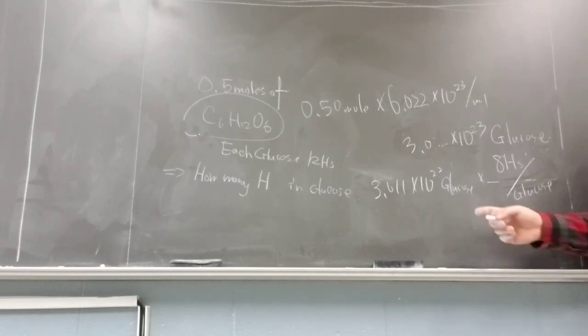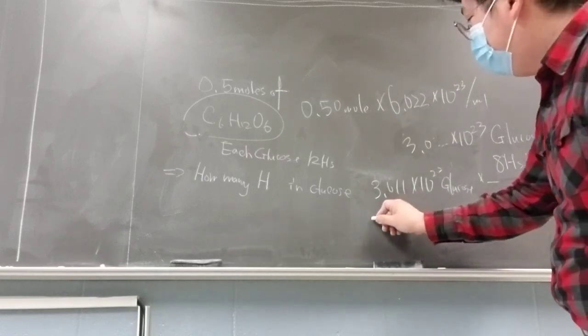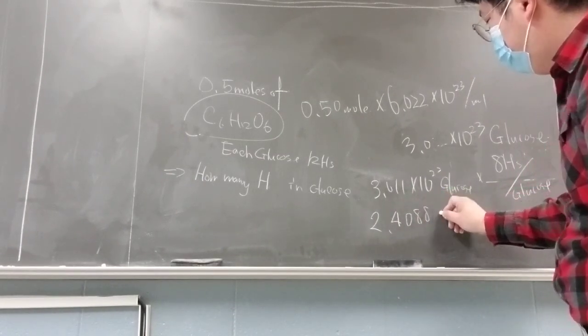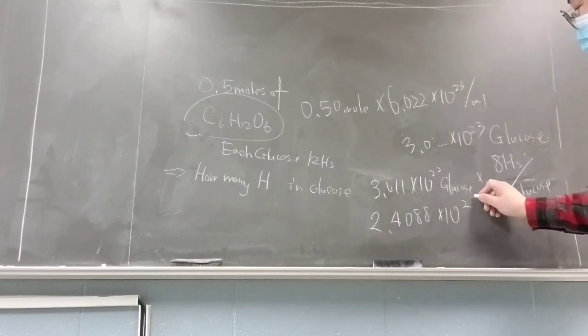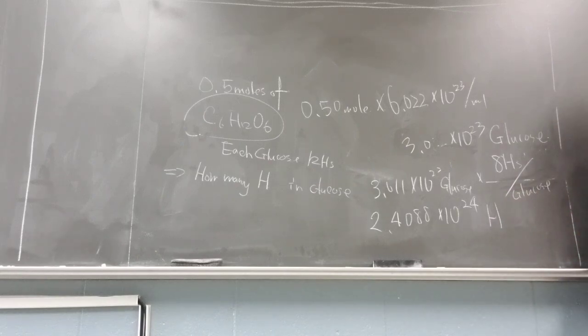If we multiply this number by 8, it becomes 2.4088 times 10 to the 24. Hydrogens will be there in total in this glucose number. Makes sense, right?